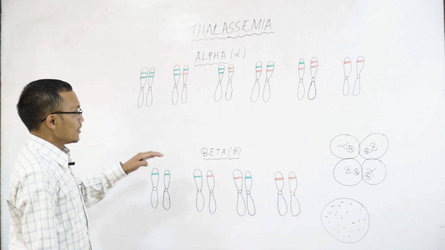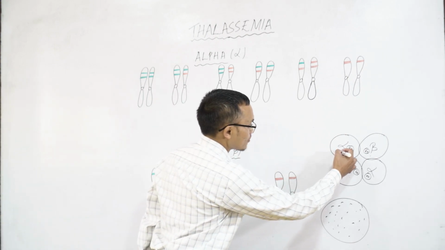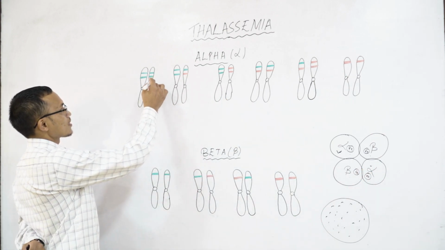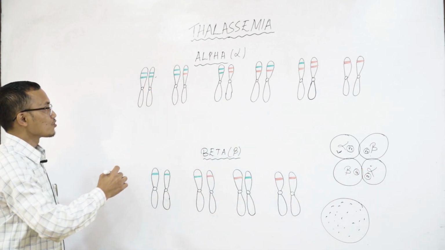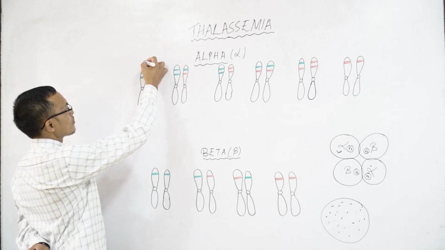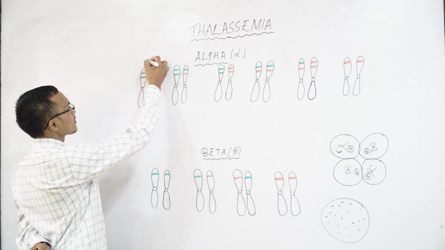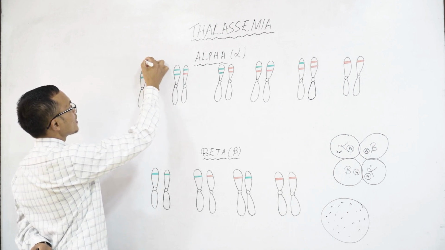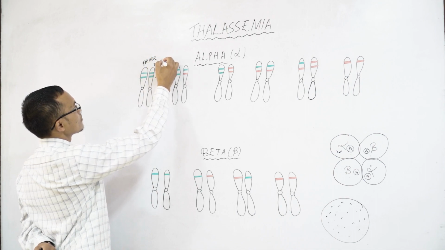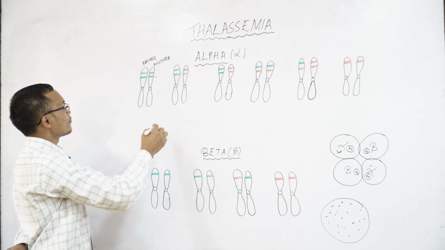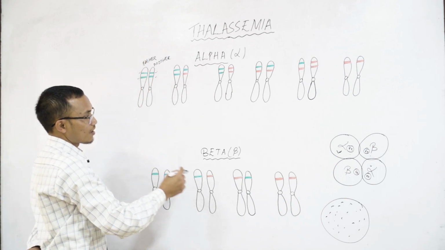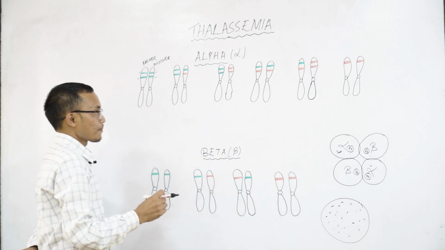Now, the alpha polypeptide chain is coming from the gene which is present in chromosome 16. We have 2 chromosomes, one from the parent, that is the father, and the other one from the mother. Therefore, we have a total of 4 genes for alpha globin.